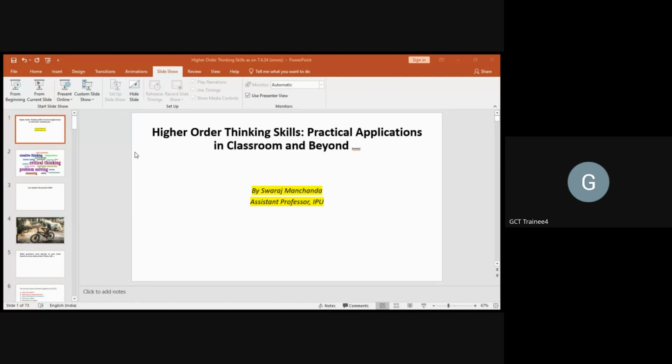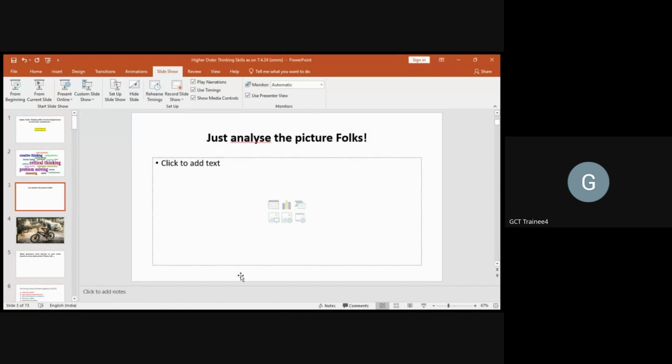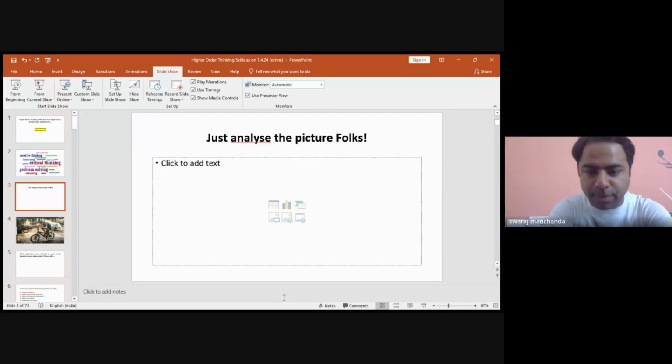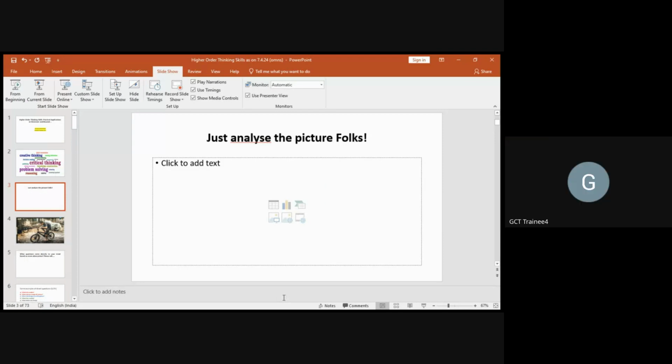Is it visible, sir? Is it navigating now? No, it is not visible. You can use your full screen mode if you want. This is your third slide. Just analyze the picture, but the picture is not available. Okay. Just wait, sir. That cycle picture is on the next screen if you want that, or you can skip that. Yeah, just wait for a while, sir.